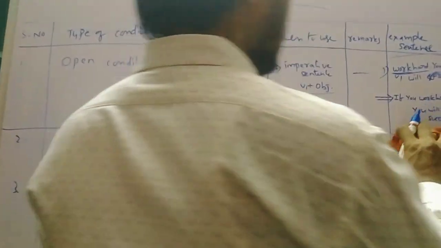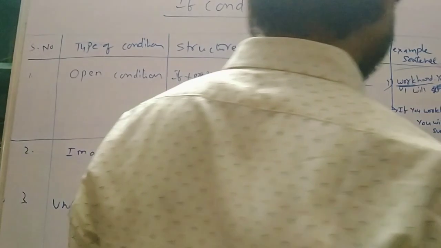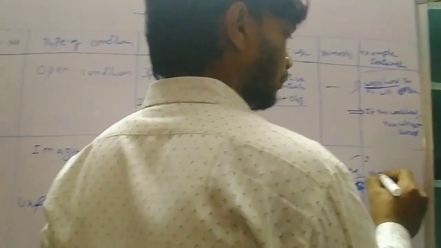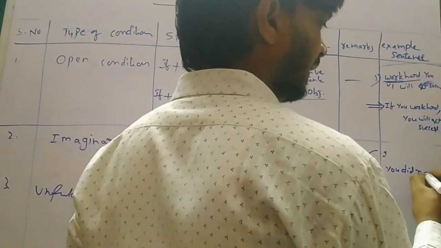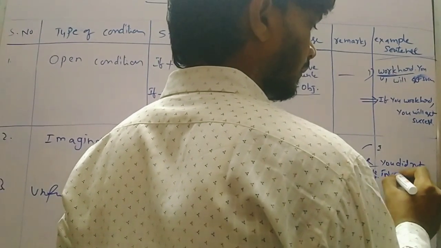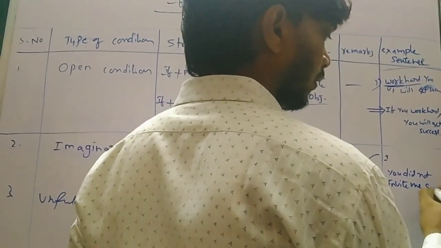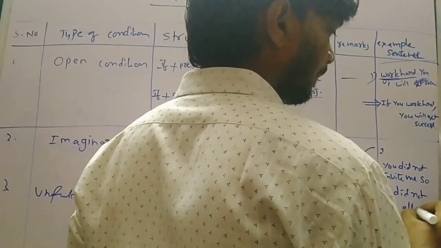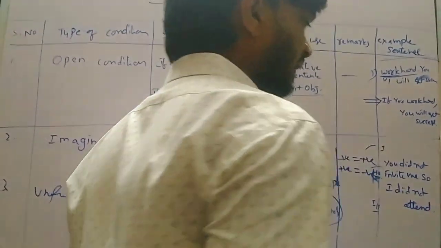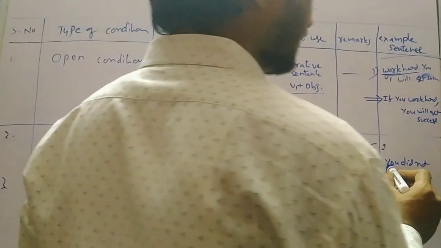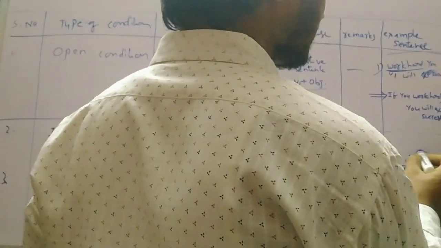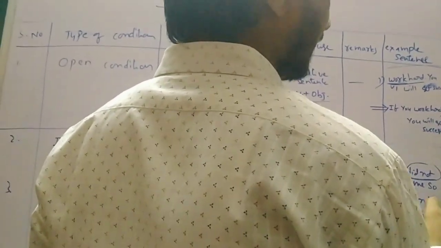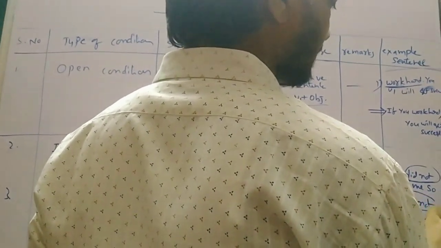For example, see the sentence here: "You did not invite me, so I did not attend." The very first sentence, you did not invite me, is in past simple tense negative. I did not attend is also past simple tense negative.